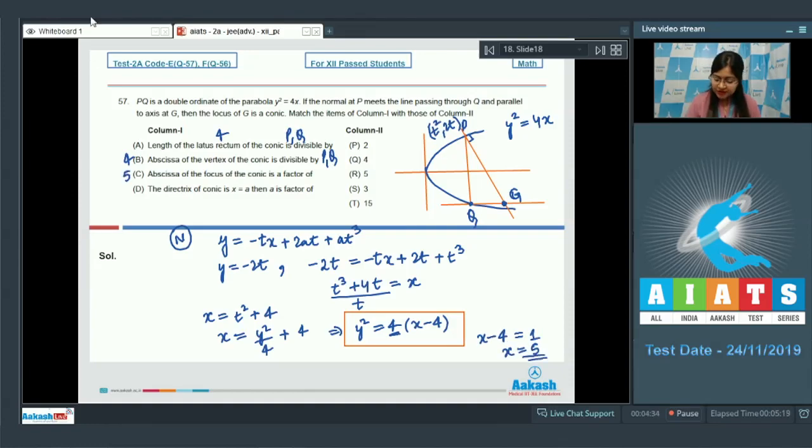Now 5 is a factor of R and T. Now option D says that the directrix of the conic is x equal to a. So directrix is x minus 4 equal to minus 1. So x equal to 3 is the directrix. So 3 is a factor of S and T. So these are the correct answers.